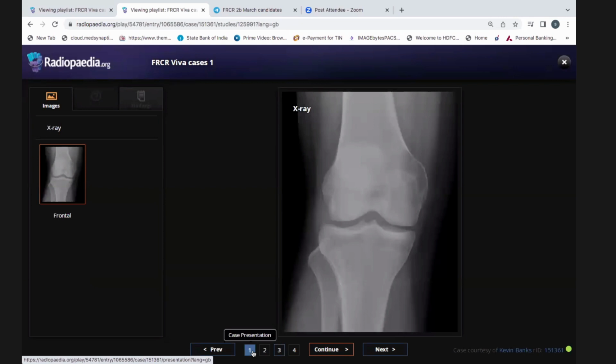There is a subtle lytic lesion with a non-sclerotic margin, eccentric, no cortical destruction, with a wide zone of transition medially and laterally. It's not reaching the articular surface.